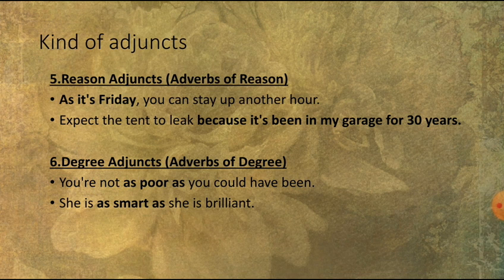It also shows the reason. Next, degree adjuncts. The examples are you're not as poor as you could have been, and she is as smart as she is brilliant. That's the example of degree adjuncts.